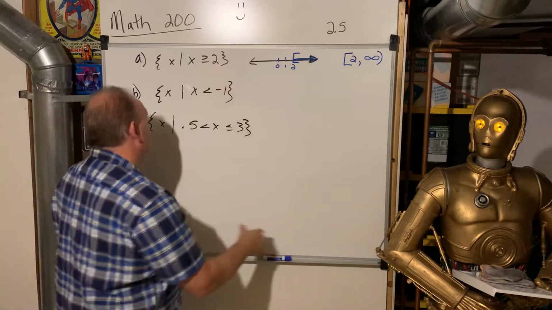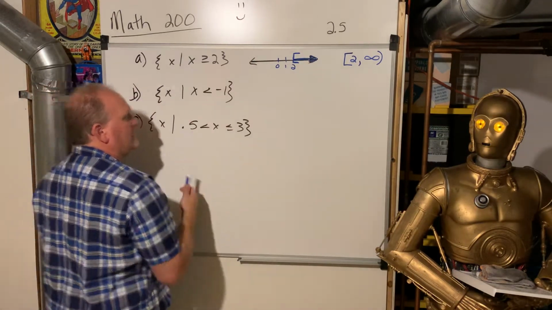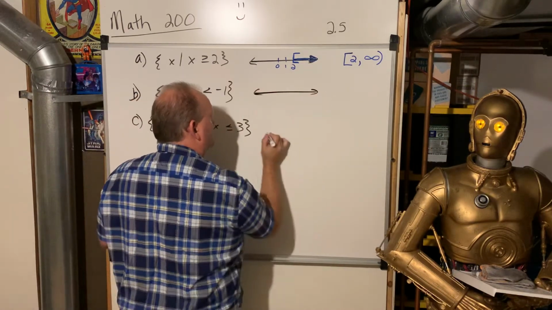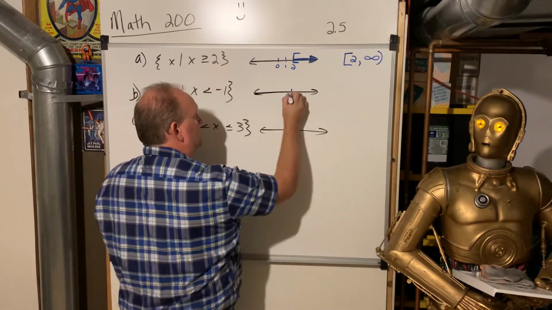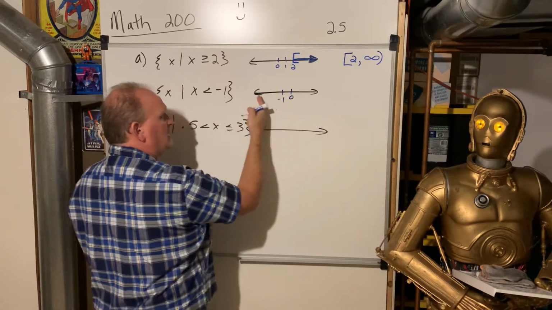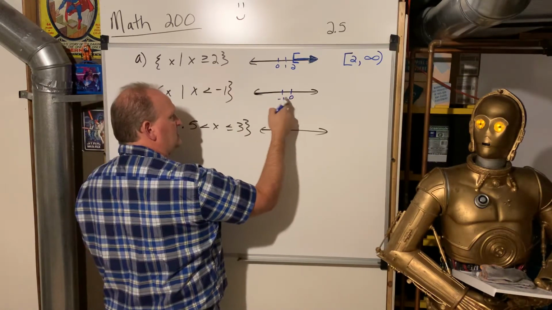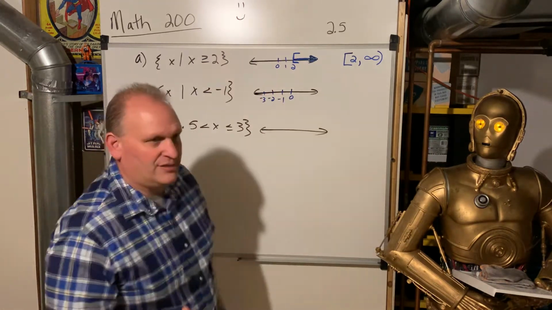Okay, so the set that contains x such that x is less than -1. So here we go again. Remember, negative numbers, as you go to the left from 0, that's -1, that's -2, that's -3. They're not actually getting larger. They are smaller.